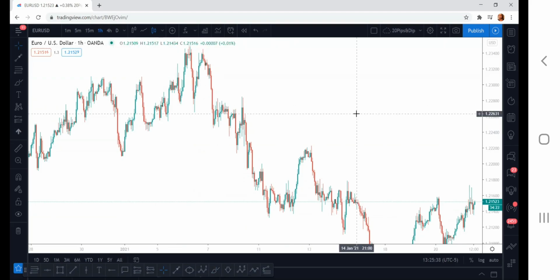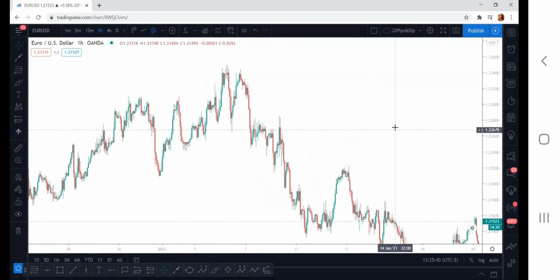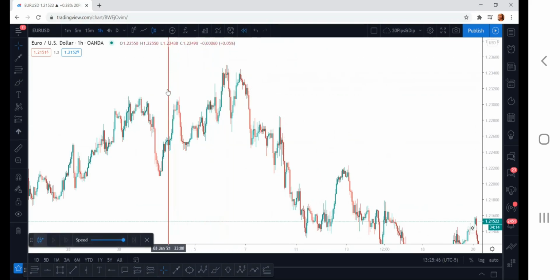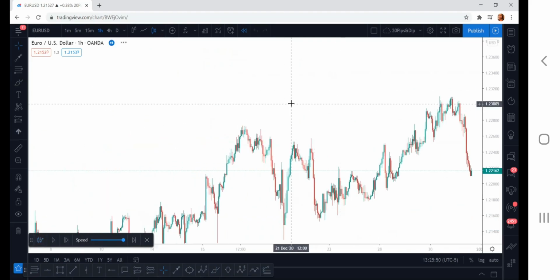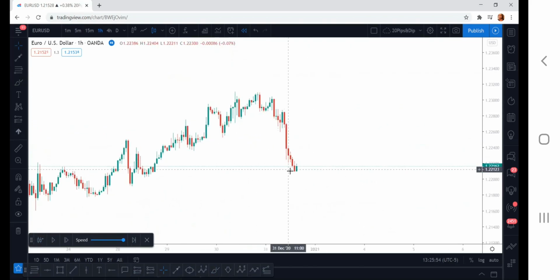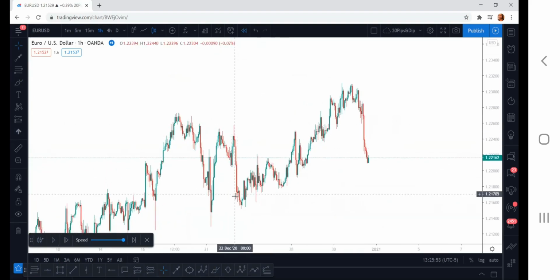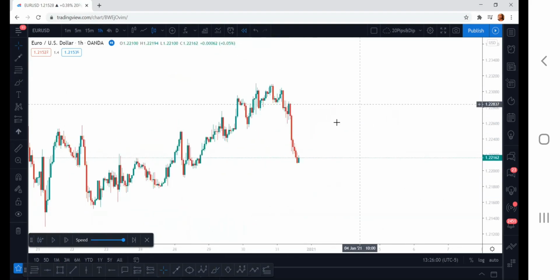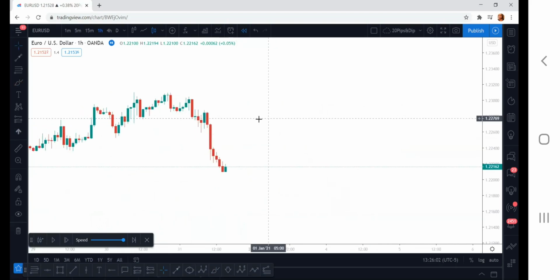Right now we're on a 1 hour time frame because this is a time frame I like to teach on. And I'm going to actually back this up to about here. And let's take a look at this swing. This is a swing right here. It looks like this overall market has been trending up. So let's see about this swing right here.